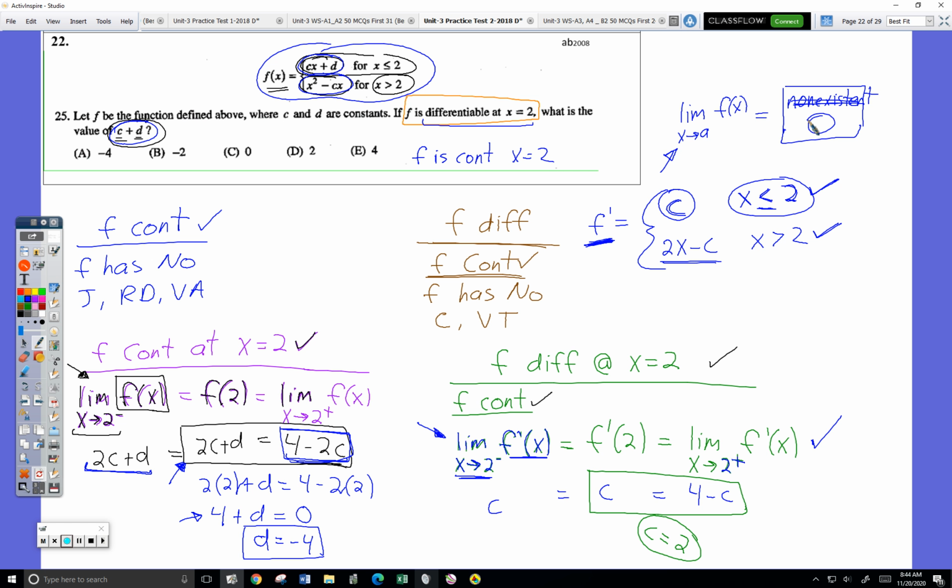And then I plugged that in at the top. I knew that it was approaching at x equals 2, and so I plugged in 2 for x in the bottom equation and just found that.